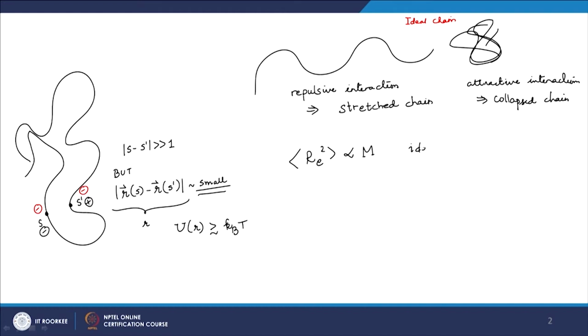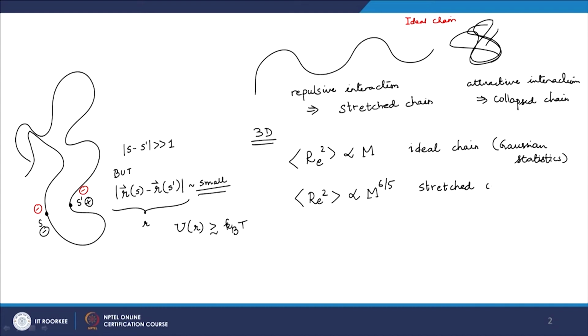This is for the ideal chain that follows the Gaussian statistics, and then we have something like 6 by 5 power, and all of them are in 3 dimensions, 6 by 5 power for a chain that is stretched or swollen.